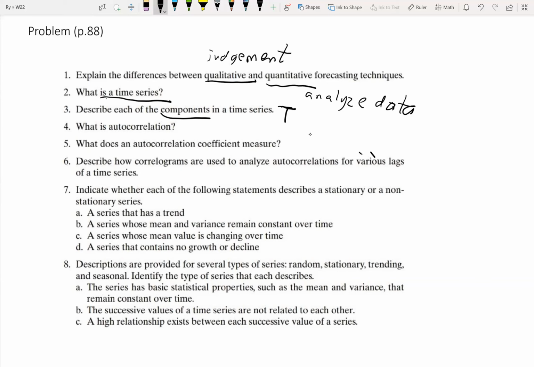We have a time, we have a value at a specific time. But what does the value consist of? Trend. Those values have the trend, right? This trend could go up or go down. And anything else? Do we see a cyclical curve?